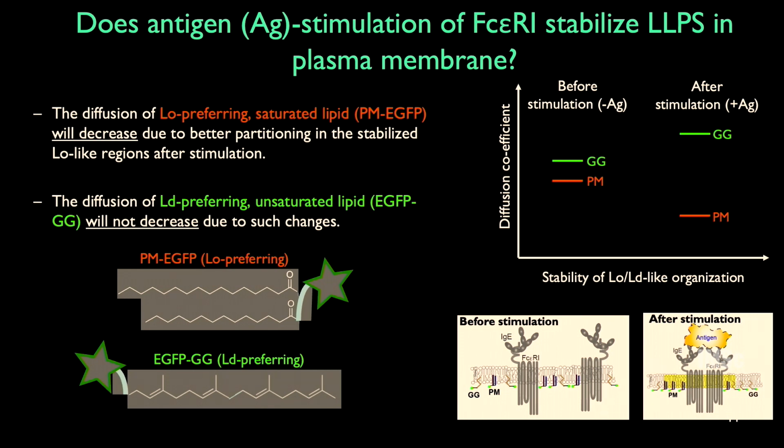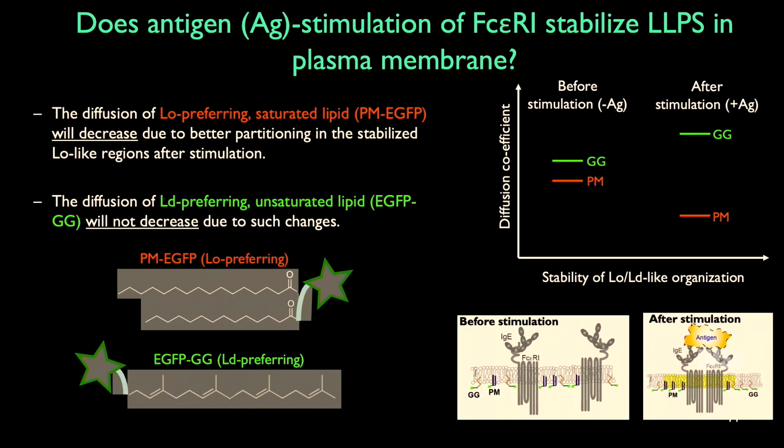So if my ordered lipids, the saturated lipids, come closer to the receptor, that becomes an ordered, saturated-rich region. Elsewhere, it becomes an unsaturated-rich region or saturated-diluted region. There, where the unsaturated lipid prefers to partition, it goes and spends more time, and its diffusion increases.